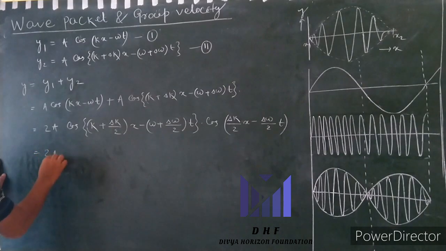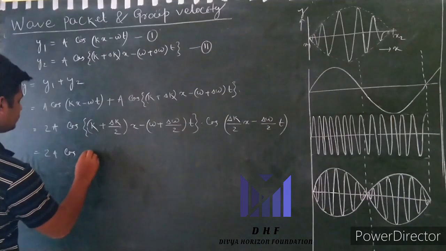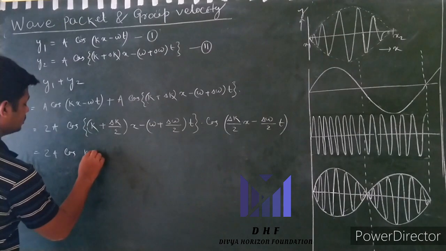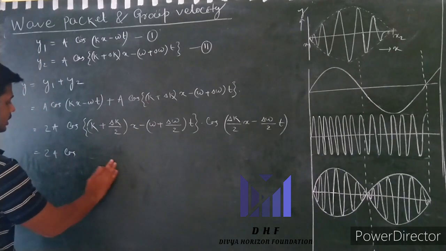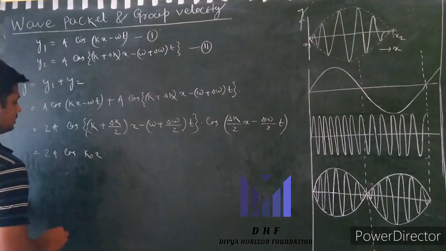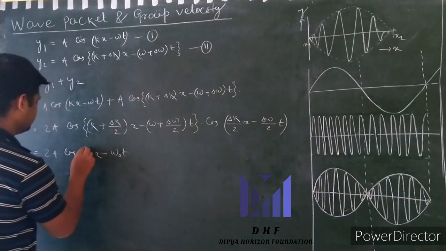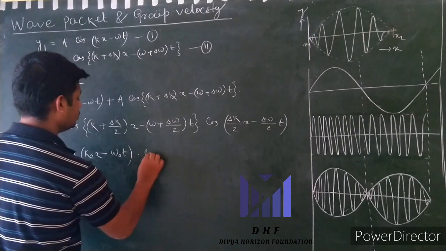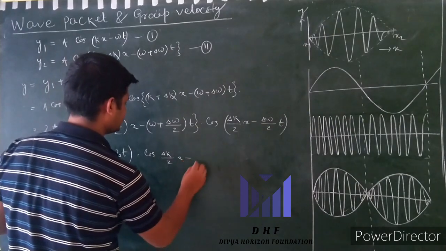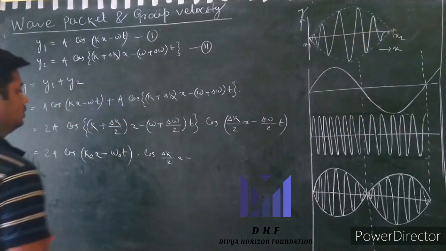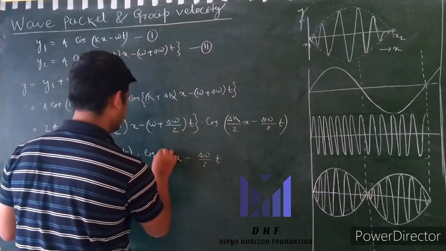That is equal to 2a cos(k0 x minus omega0 t) into cos((del k/2) x minus (del omega/2) t).